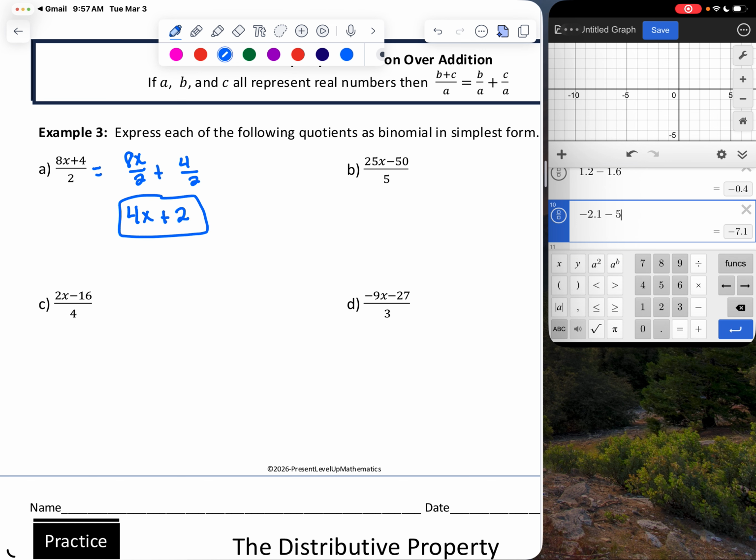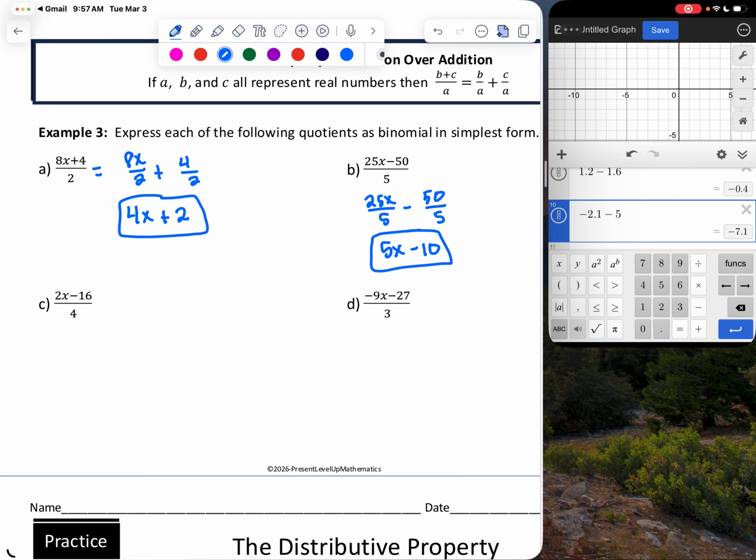All right. So in problem B, we have 25x minus 50 divided by 5. So that's the same thing as 25x divided by 5 minus 50 divided by 5. So 25x divided by 5 is simply 5x, and 50 divided by 5 is 10. So 5x minus 10.